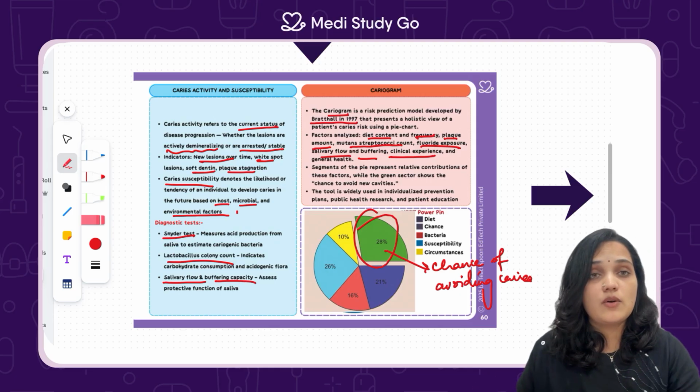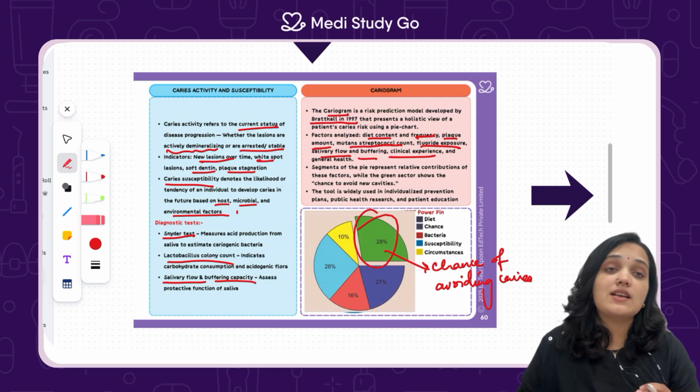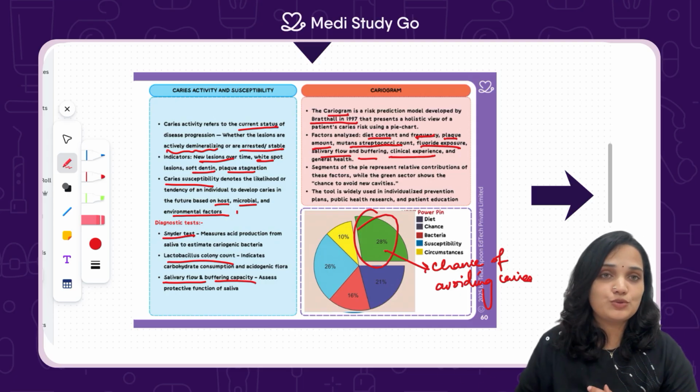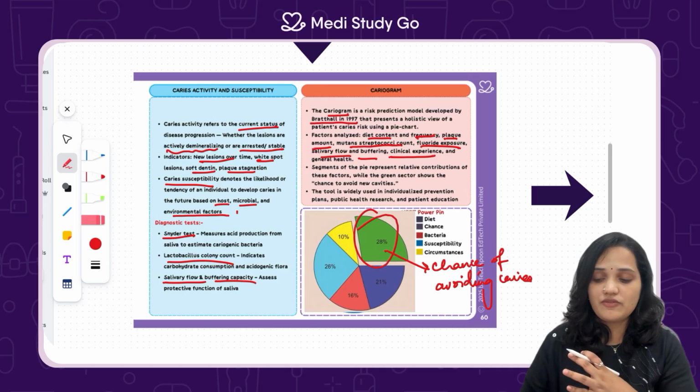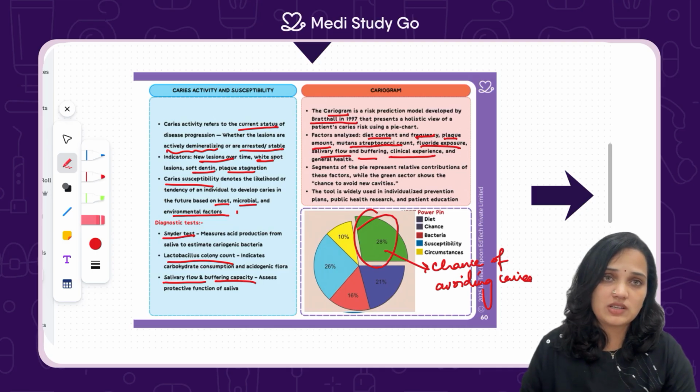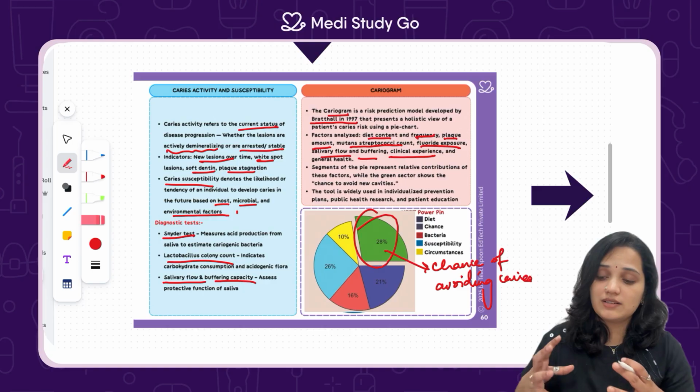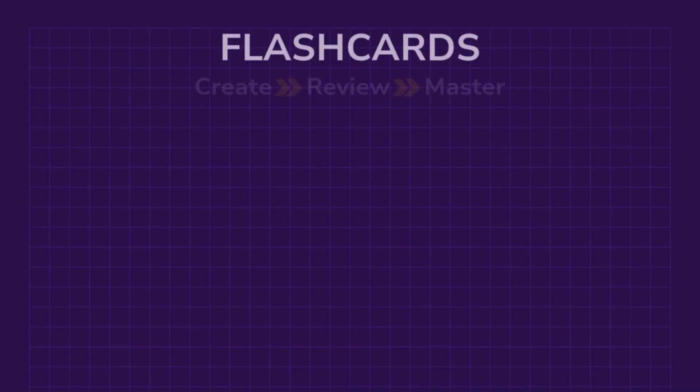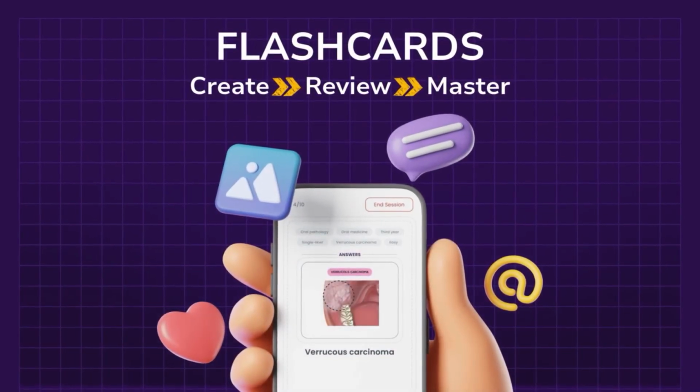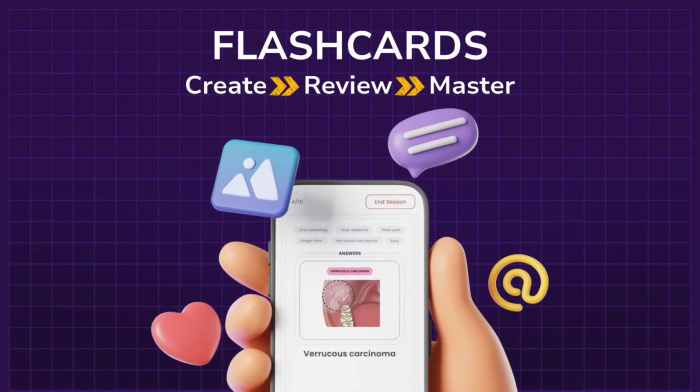So, what I would ask you to do is go through this first part. This gives a very important foundation. I would like you to take screenshots and make your own flashcards and try to give your own explanations.